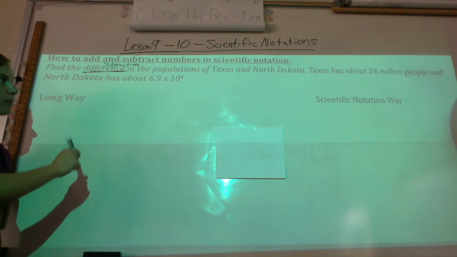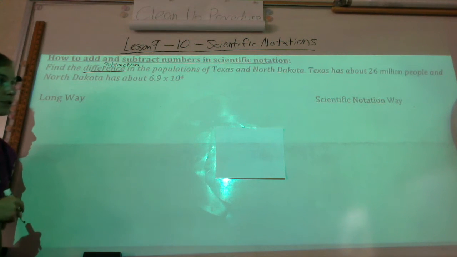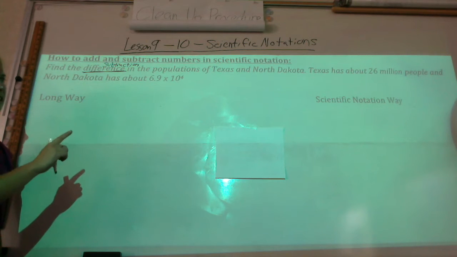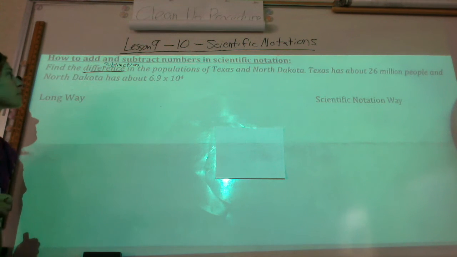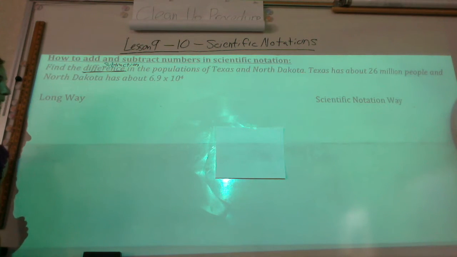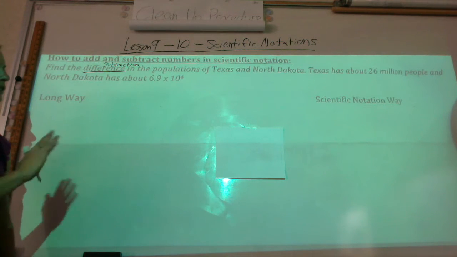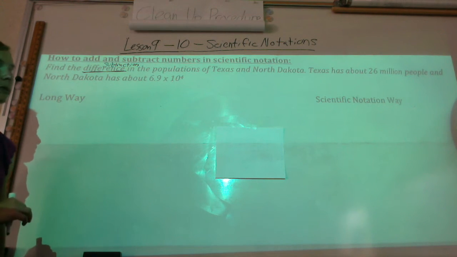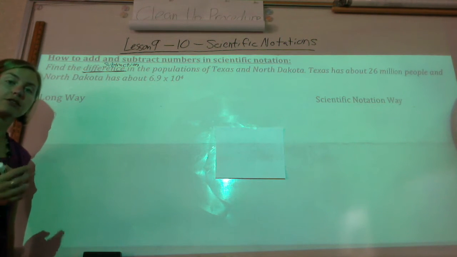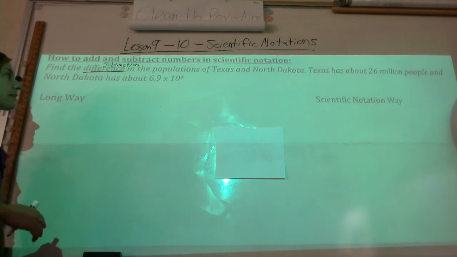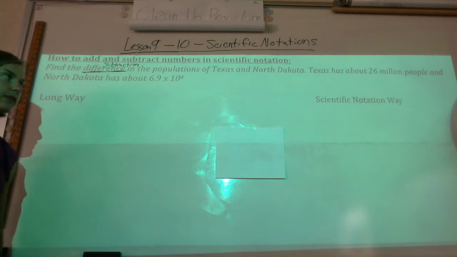Finding the difference of the populations of Texas and North Dakota. Texas has about 26 million people, and North Dakota has 6.9 times 10 to the 4. So here we're given the information in 2 different ways, so I'm going to show you the answer in 2 different ways. Let's do it the long way, as if we didn't know scientific notation.